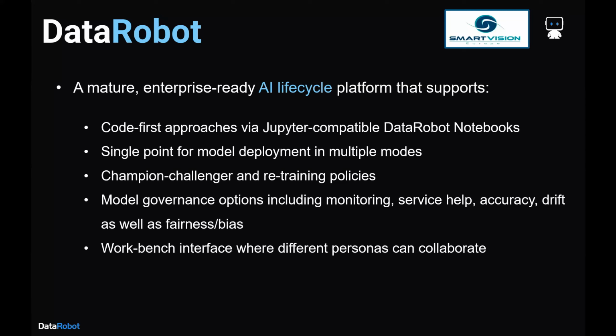And generally a workbench interface where different personas, whether they be coders, business analysts, data scientists using the interactive capabilities of DataRobot, or stakeholders, can collaborate with one another, all within one browser-based interface.